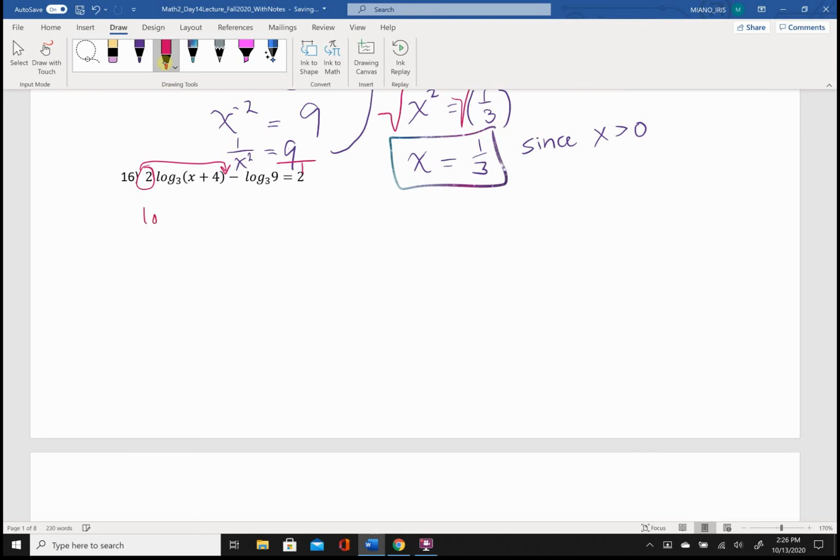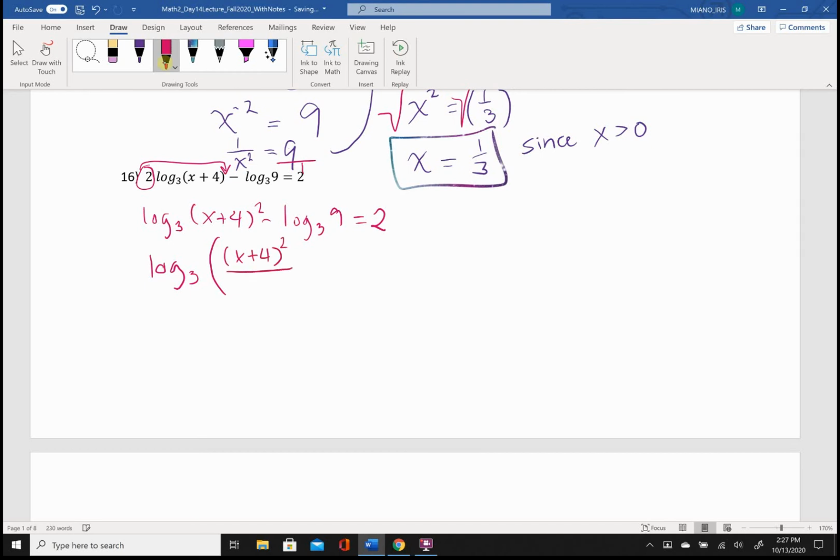Log base 3 of x plus 4 squared, minus log base 3 of 9, equals 2. Now we have two logs, one subtracted from the other, and they have the same base. So we can use what we know about differences of logs with the same base: they make for quotients inside a single log of that same base.